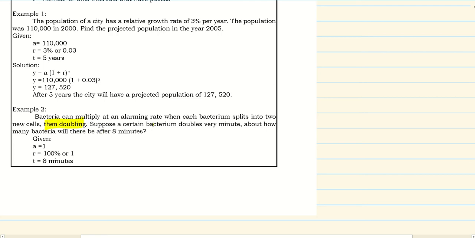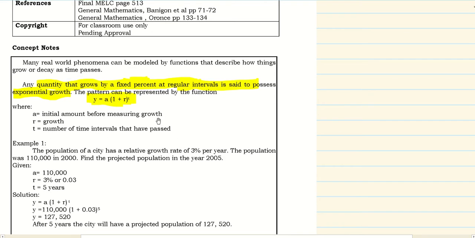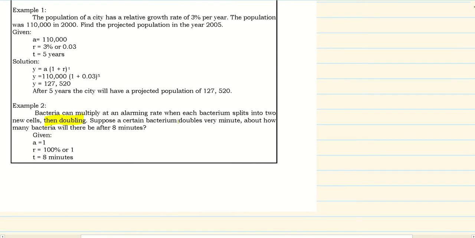Our main word to identify the rate is "double." If we say it doubles every time, it has a rate of 100%. So let's remember, if it says that it doubles, the rate is 100%.